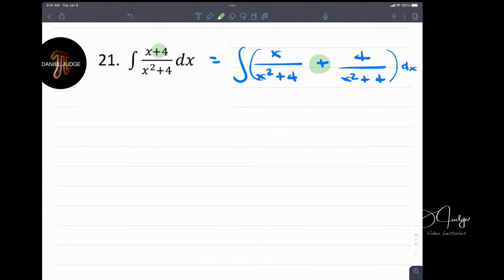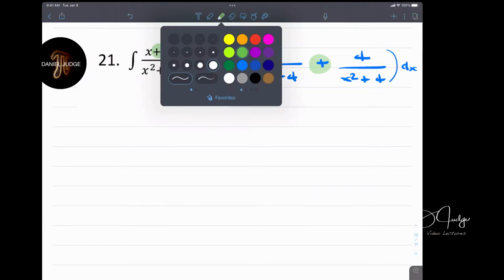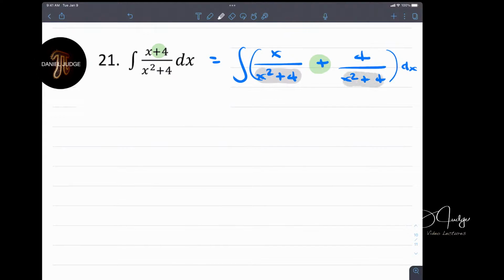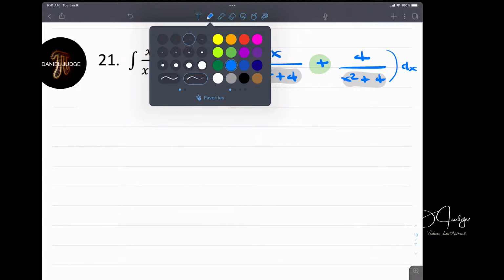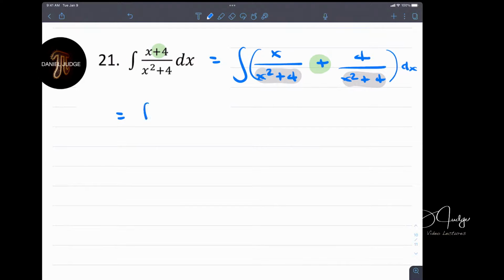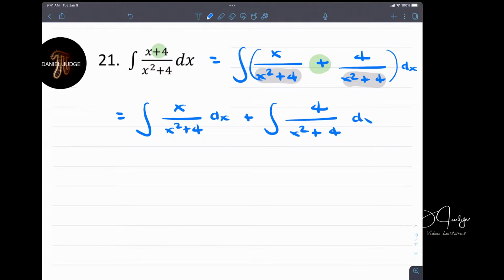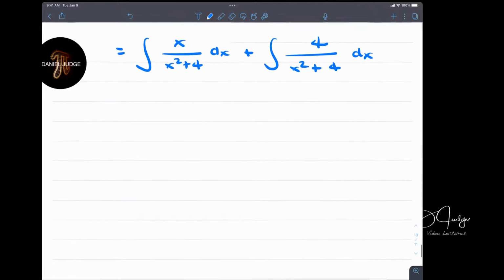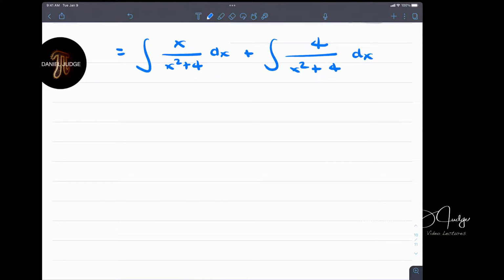This is integral of a sum of two functions where they have the same denominator, x squared plus 4. Now, the integral of a sum is the sum of integrals: x over x squared plus 4 dx, plus now this is a 4 over x squared plus 4 dx. So there's two integrals here.